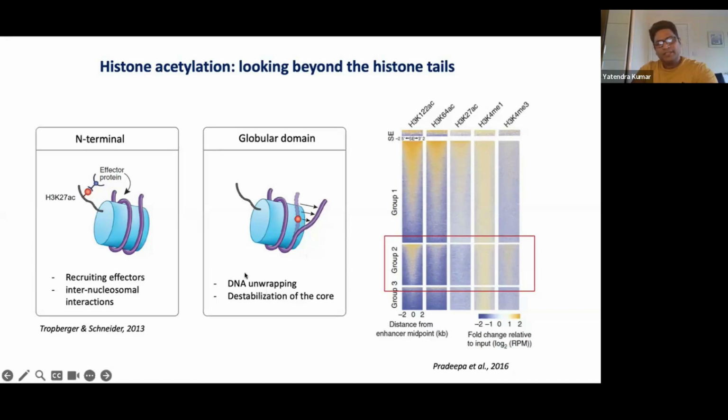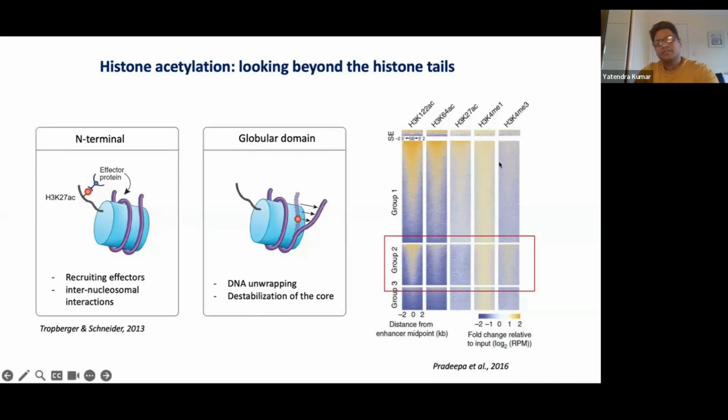Another part is that these modifications can affect the histone core itself, the nucleosome core itself, because they can have some destabilizing effects because of the steric hindrance. So we are interested in exploring the role of globular domain modification, especially lysine acetylation.